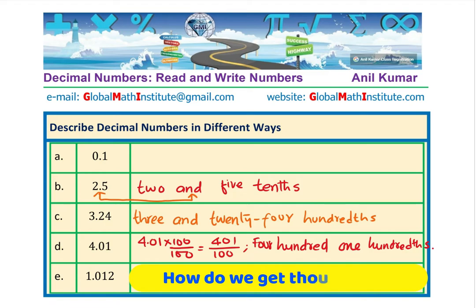So we are trying to mix and match so that you can get these concepts straight, correct? So the first number, I could also say 0 and 1/10. Right?